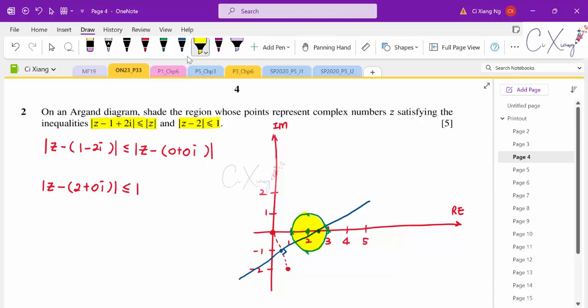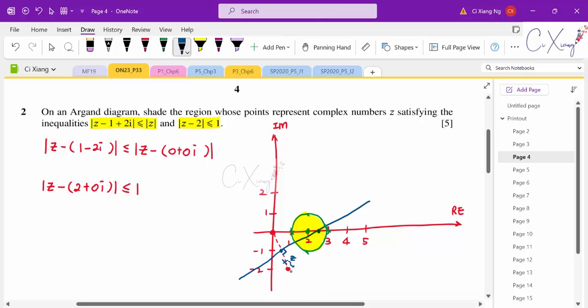Okay, and after that, for this inequality, they are saying that the distance from z to (1, -2) is less than the distance from z to (0, 0). For your information, the z can be anywhere. So maybe on this particular dotted line, if I try to plot any point closer to (1, -2), this is the point closer to (1, -2), and let's say this is my z.